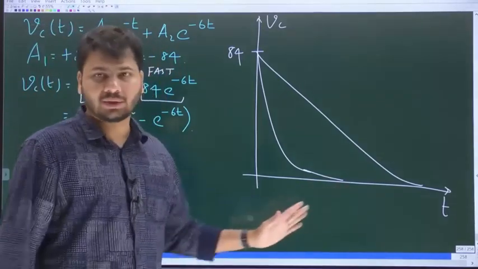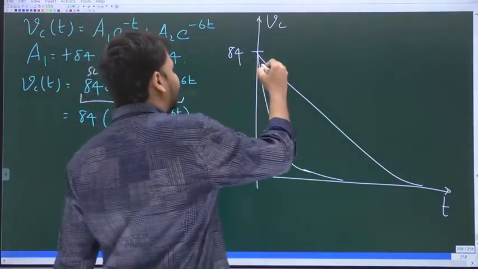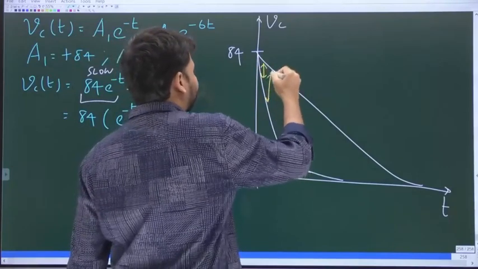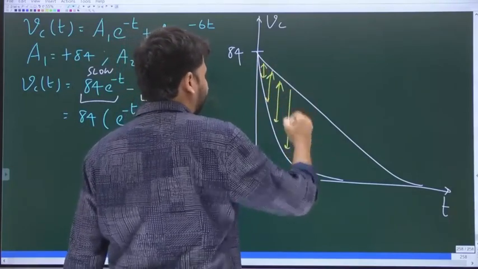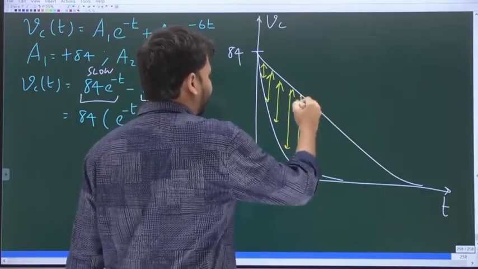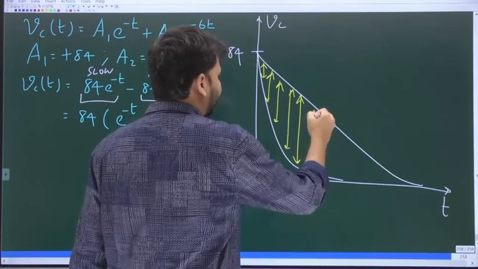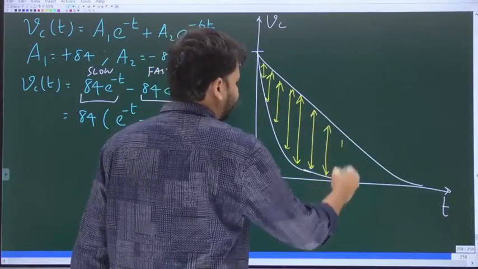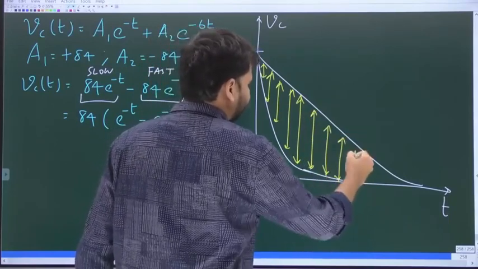And as time increases, look at the difference. Is it not increasing? Yes. And at some point, the difference will become maximum. Thereafter, you can see, it starts decreasing.